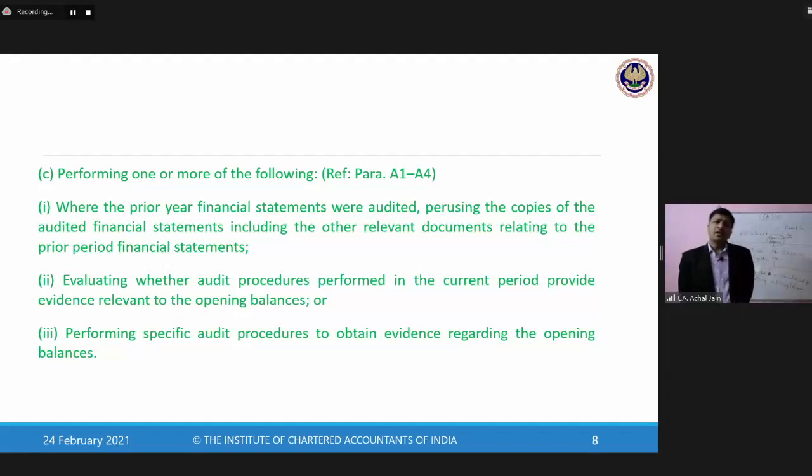So let's try to understand this third part of the procedures, which is recommended and covered in this auditing standard.